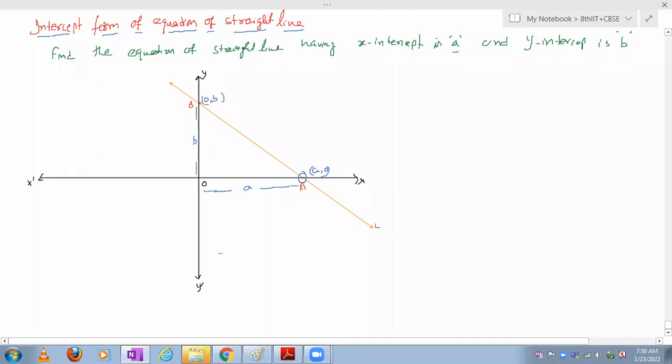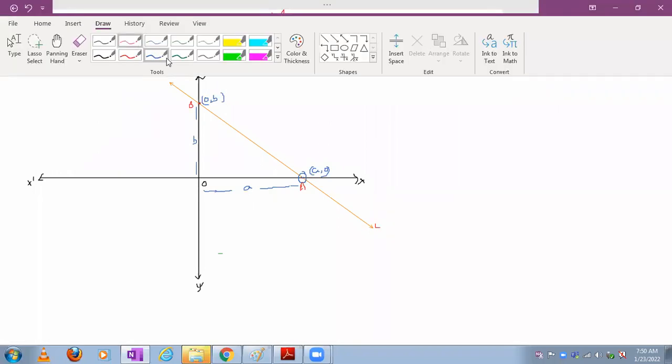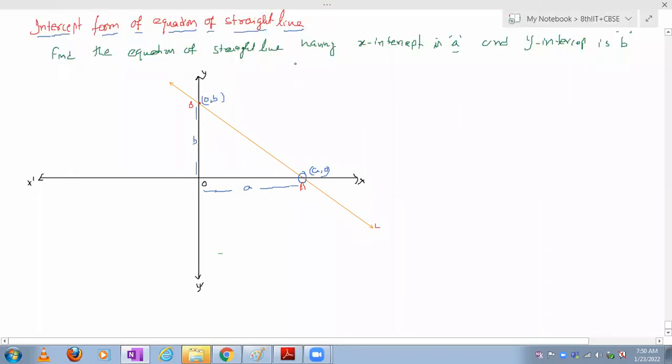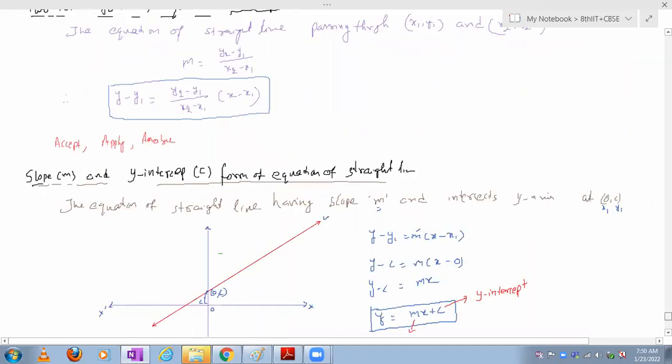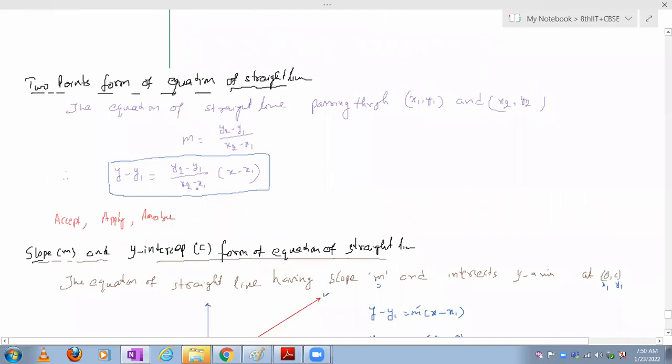Now, what is the two point form of equation? Now only we learned. What is the two point form of equation of straight line? No, no, no, not mx plus c equals y. Two points form of equation of straight line.